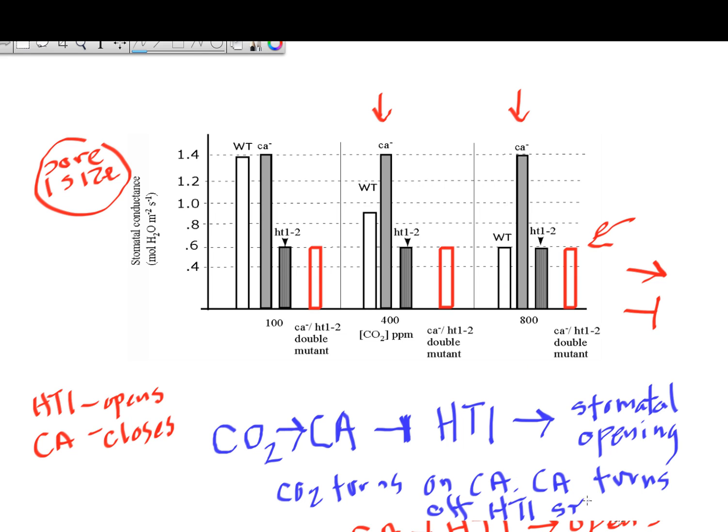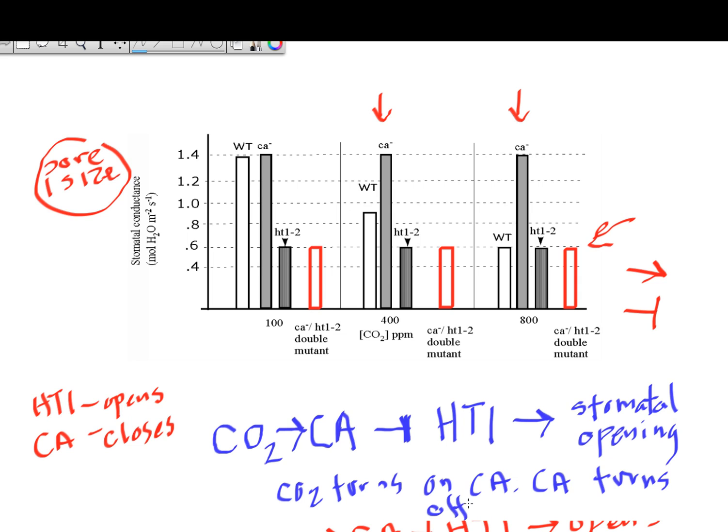So you can't have this happening. So you want closure. So you want to activate CA. When CA is active, that's when you don't get opening, so you get closure. And so CO2 has got to activate CA, which is going to shut down HT1, preventing the opening.